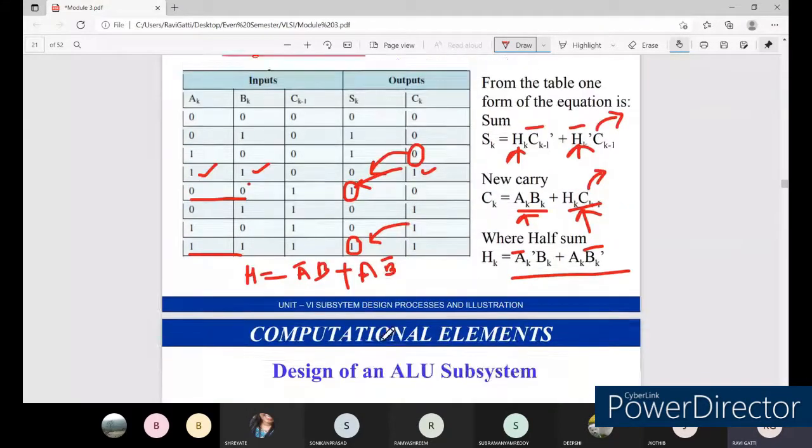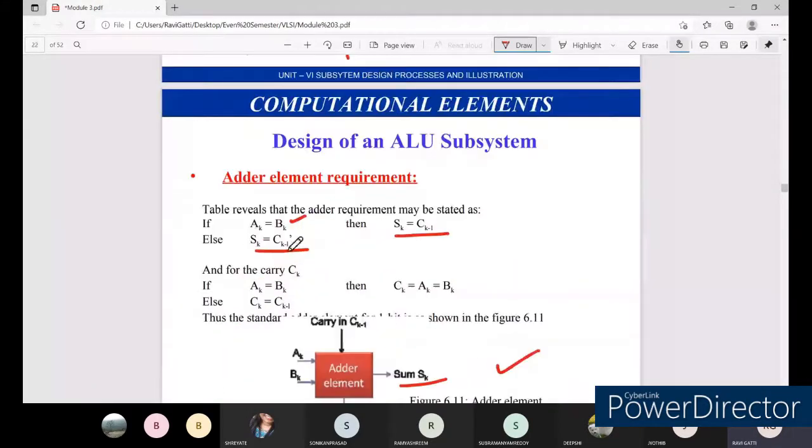Okay, so we have written the expression like this, or else your Sk, that is the sum, will be Ck minus 1 bar. And for the carry you can get an expression like this. When Ak is equal to Bk, what will be your Ck? Your Ck is equal to Ak and Bk.